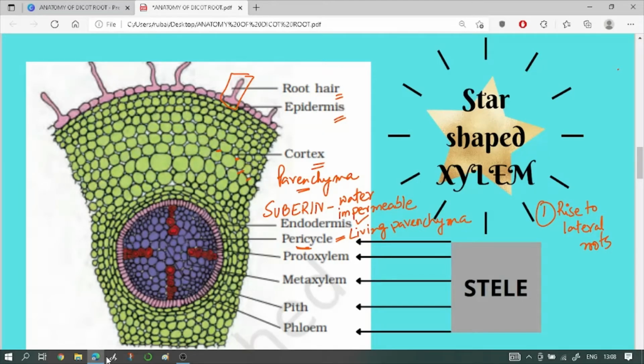And the second very important function of pericycle is it helps in the formation of the vascular cambium. So when the vascular cambium develops and it gives rise to the secondary xylem and the secondary phloem, that also helps in the secondary growth of the dicot root.